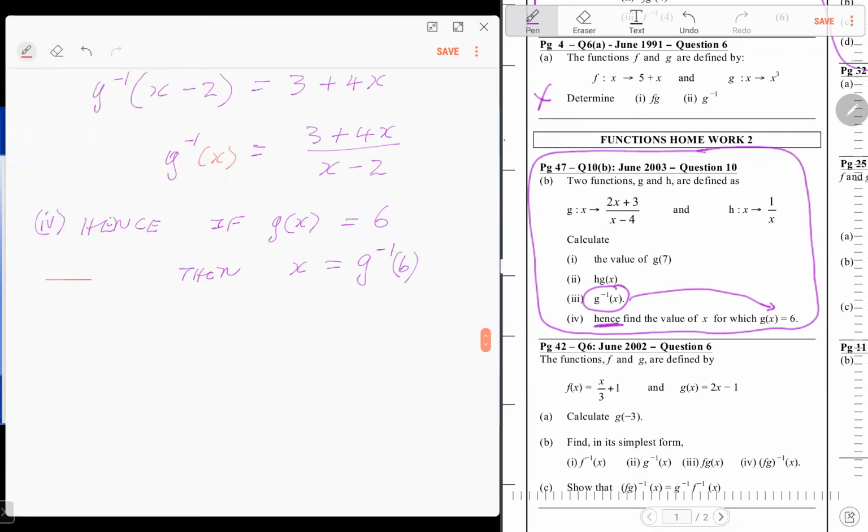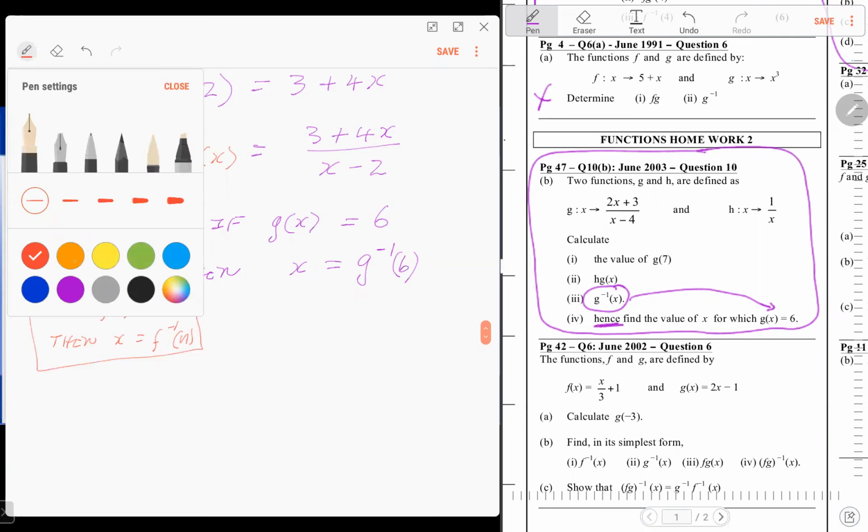The rule that we wrote was if f of x equals some value, some number, then x will be equal to f to the minus 1 of that value. Where this is an equation, and we're trying to solve it, meaning we're trying to find x.